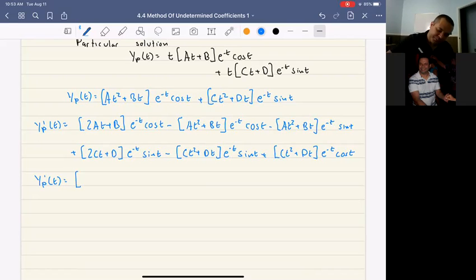The t squared terms: negative a plus c, t squared. So that's this negative a, that's c. Any others? Nope. T terms: 2a minus b plus d.